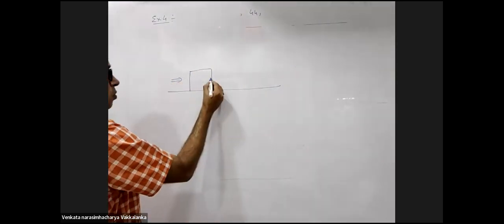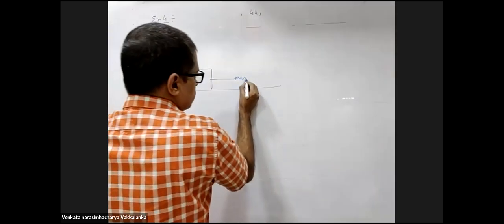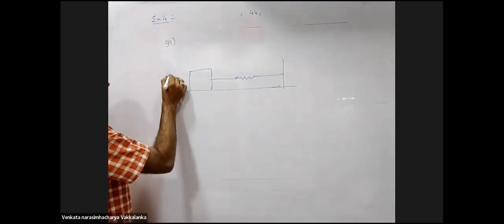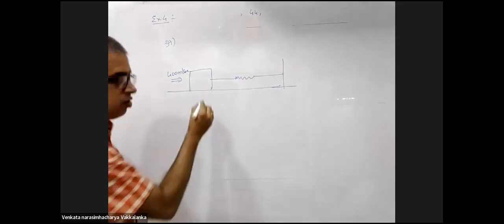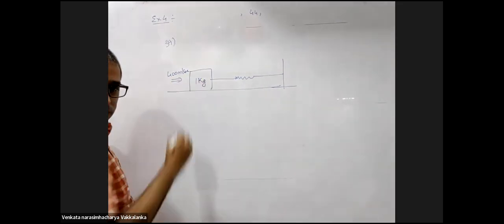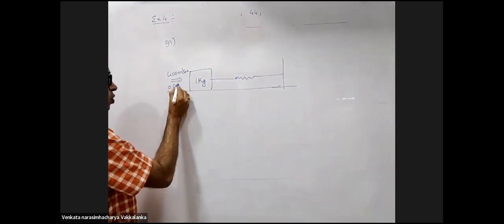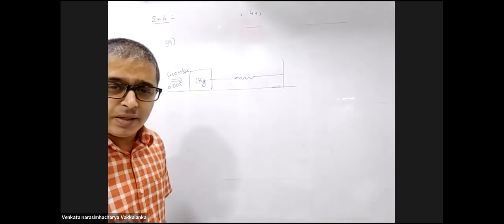Now, this bullet is moving with a velocity of 400 meters per second. And this is a 1 kg block. Right? 5 grams bullet, 5 grams means 0.005 kg.